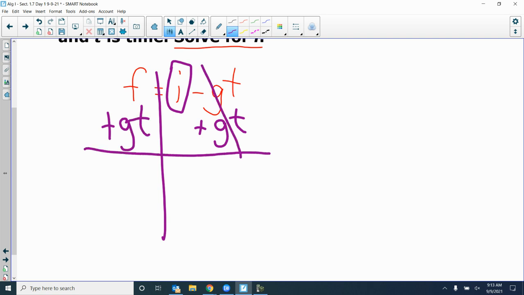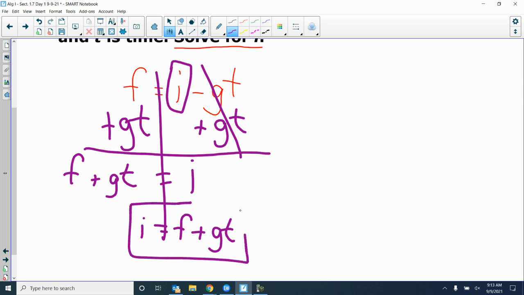This cancels. I get my I by itself. Guys, can I add these two things? So just write them. F plus GT equals I. How do we want to switch that? I equals F plus GT. There's my final answer.